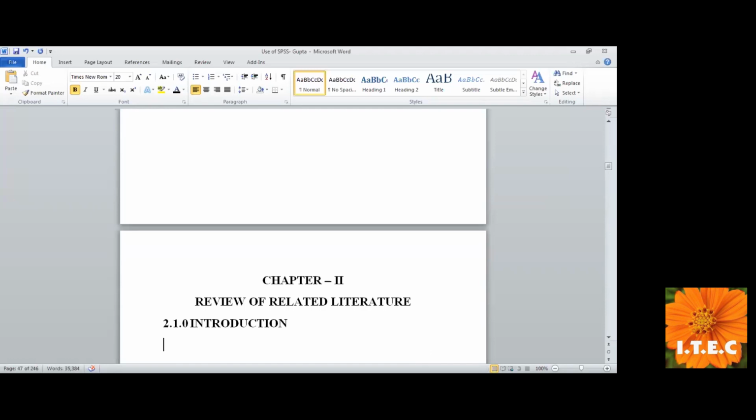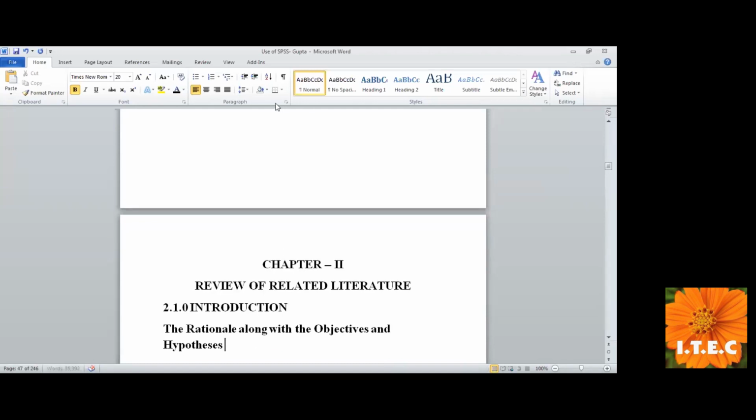I will connect this second chapter with the first chapter, and I'll say the rationale along with the objectives and hypothesis have been given in the previous chapter.